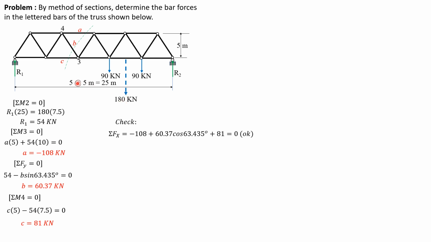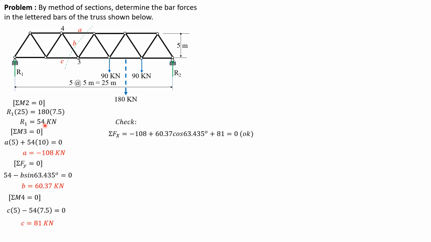Since the joints are spaced 5 meters apart, this distance is 2.5 plus 5, so 7.5. Summation of moments about 2 equals 0: R1 times 25 equals 180 times 7.5. So R1 is 54 kilonewtons.